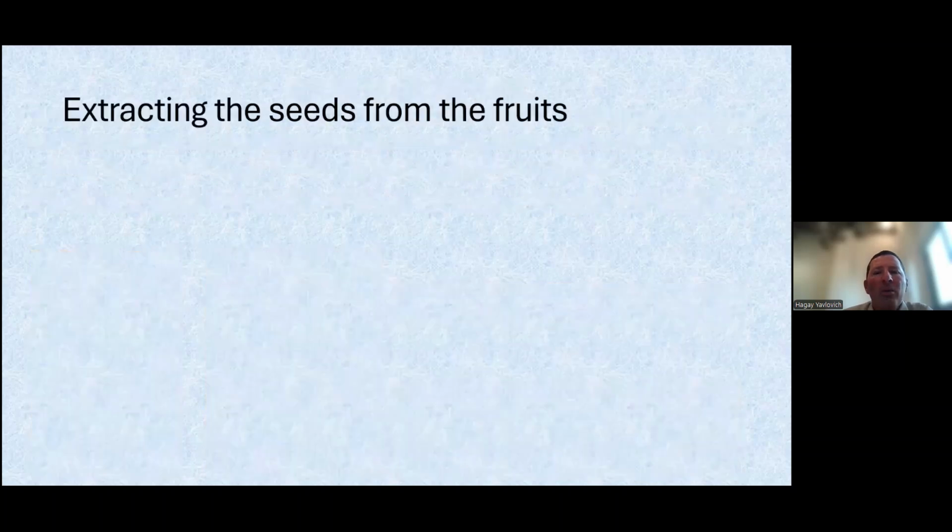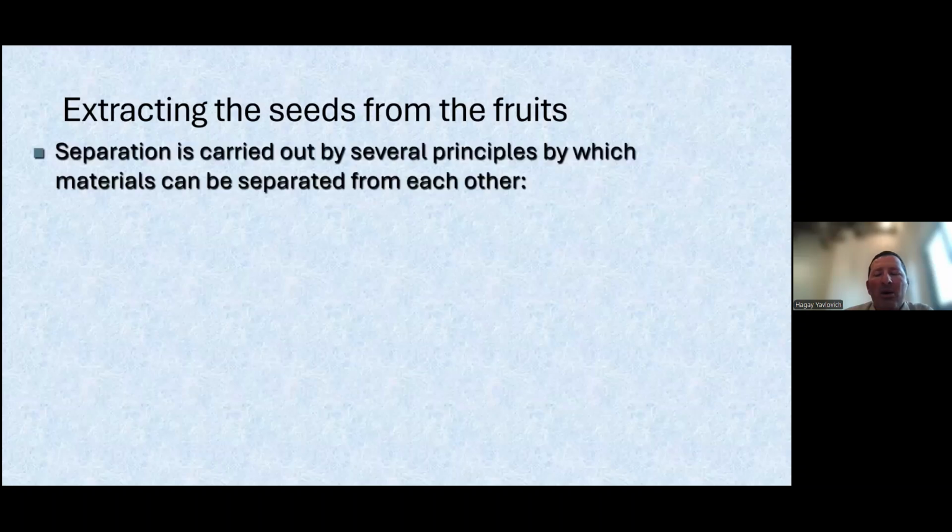Okay, now we will continue with the topics, and we got to the extraction of the seeds from the fruit. So we must understand that the separation of the seeds from the fruit goes by several principles, and these principles apply to separation of every material.